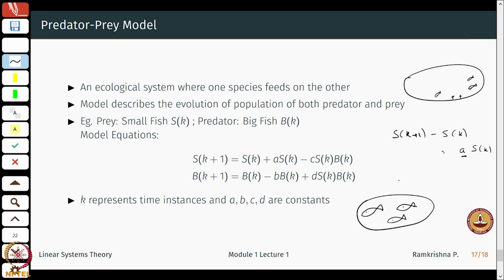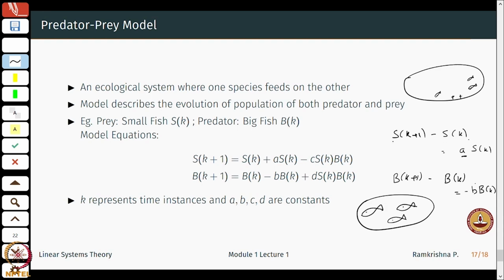If I compare the number of big fish at an instant k with k plus 1, I would imagine that I will see a decrease in population, right. The decrease will depend on what the population was at time k and some proportionality constant which will define the rate of the decay.